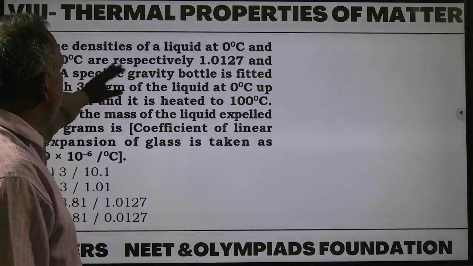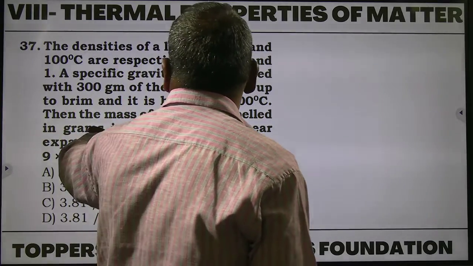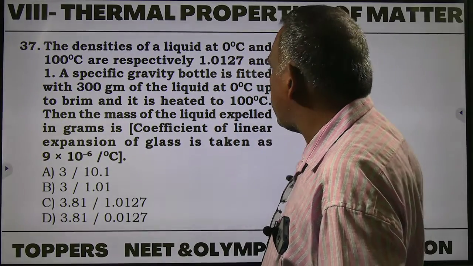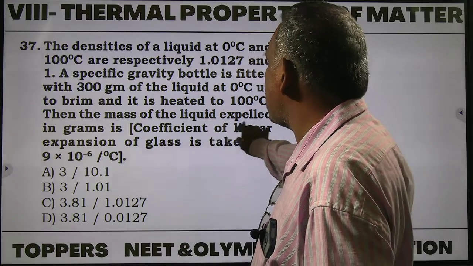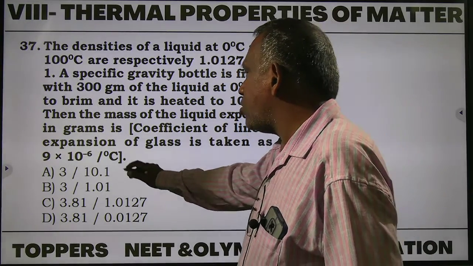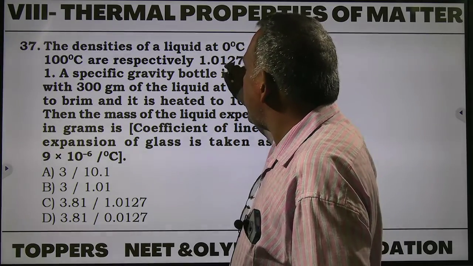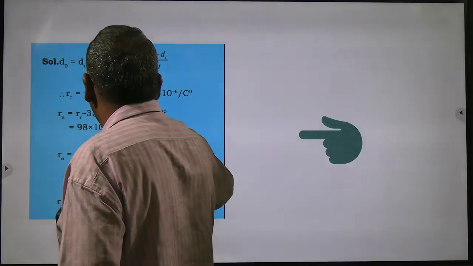The densities are given, so the mass of liquid expelled you can find out by using that. It is 1.0127 grams, and 300 grams of the liquid is given.